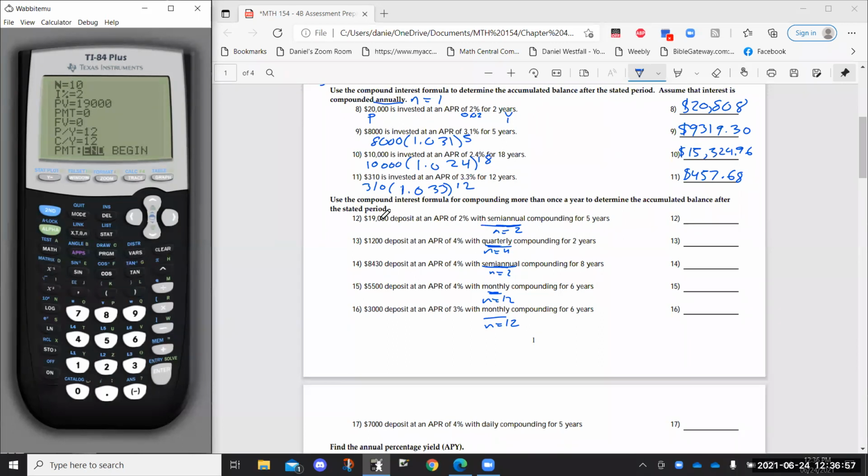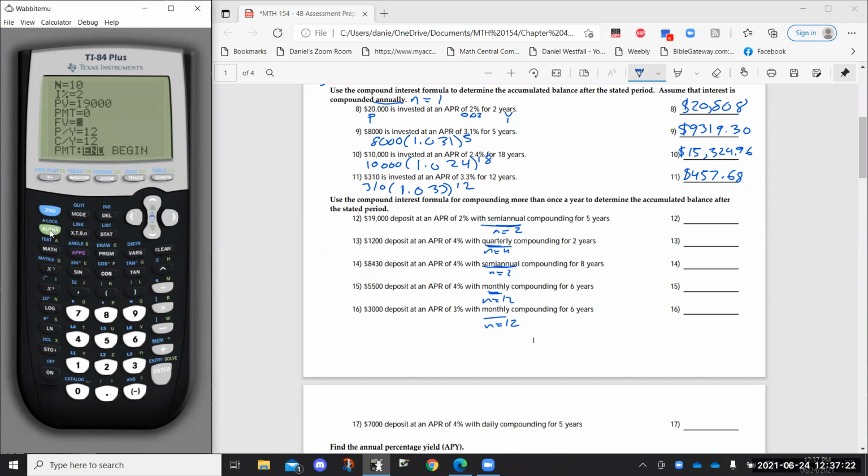And we have 12 cycles, 12 payments a year, 12 interest cycles a year. Keep that on end. Don't worry about it. Put your cursor over where it says FV, which is the future value of the investment.